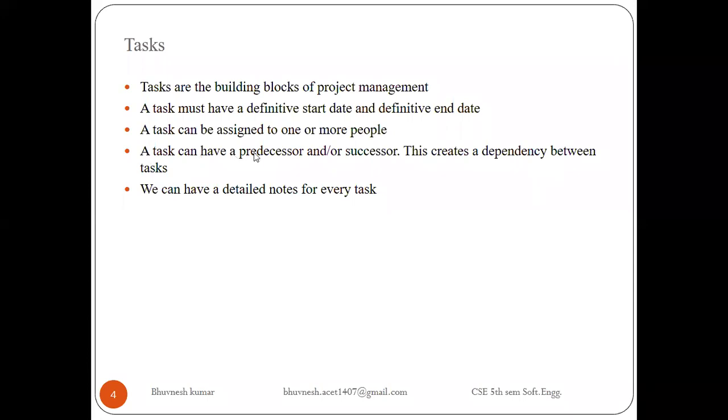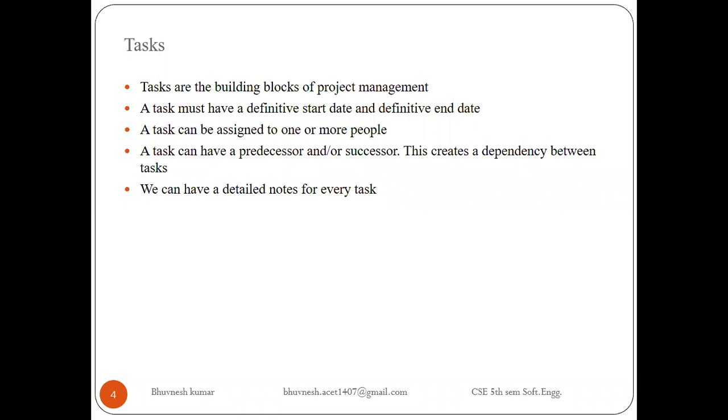A task can have a predecessor and or successor. It means the first task performs its work. Without completing the first task, the second task cannot be started. So the predecessor of task two is task one, meaning task two is completely dependent on task one.